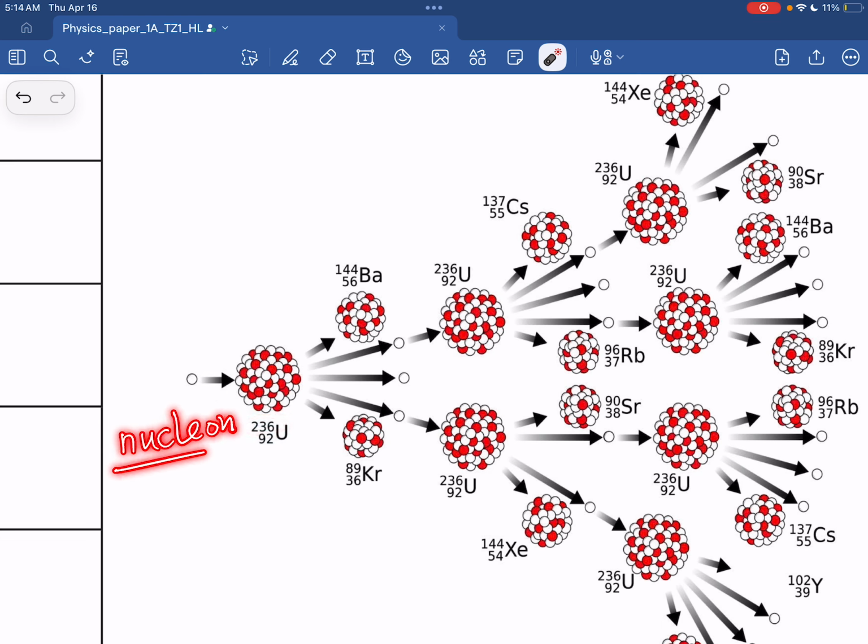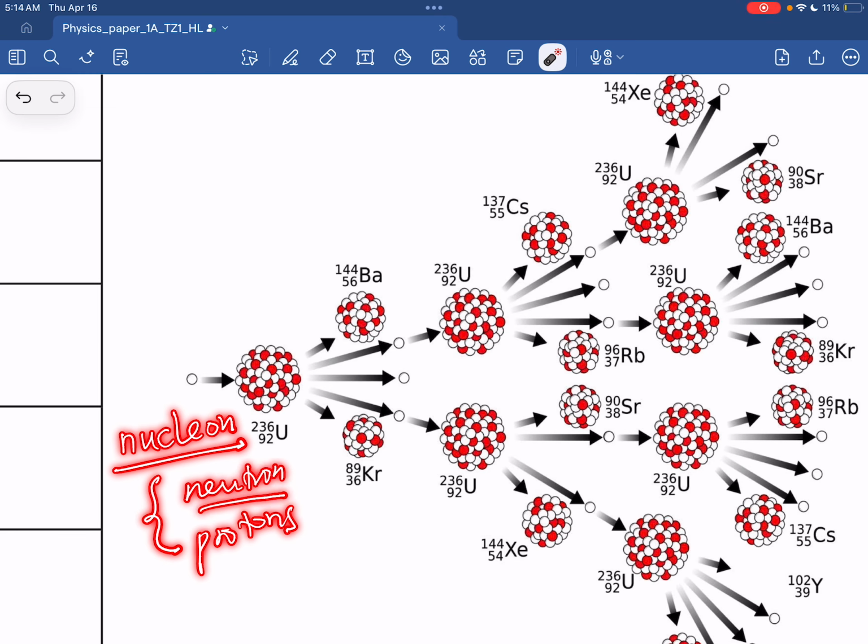So all the particles inside the nucleus, which involve the proton, the one that has the positive charge of plus 1 unit, and also the neutron itself too.